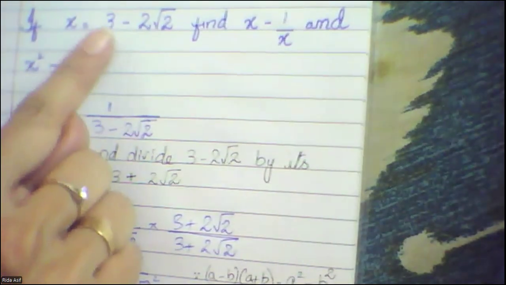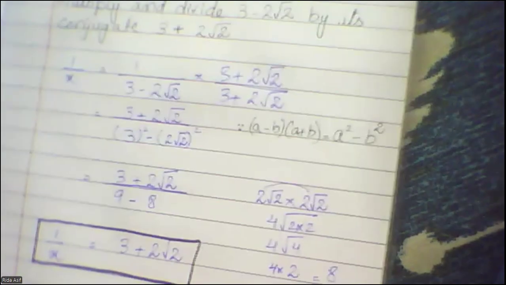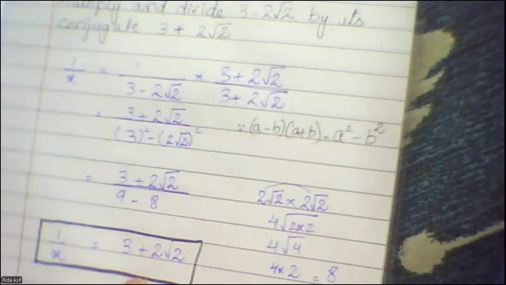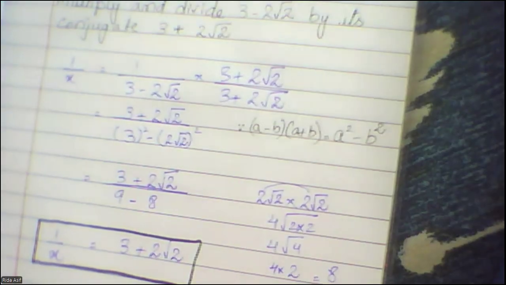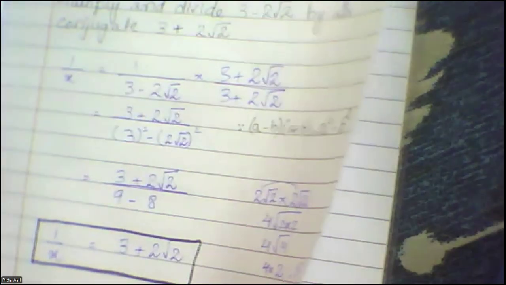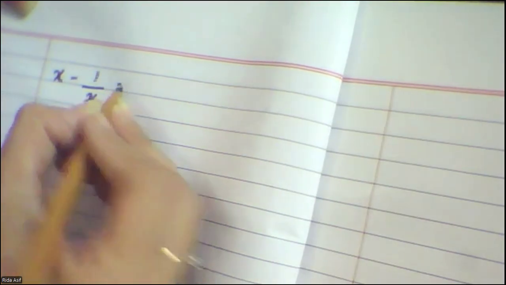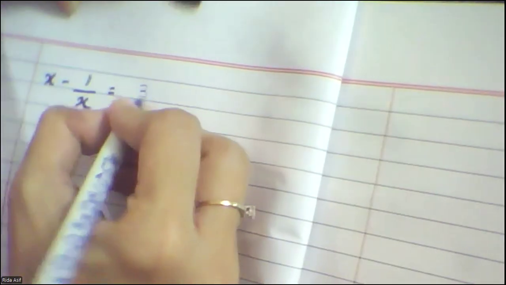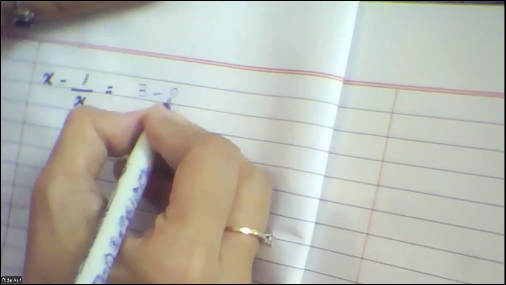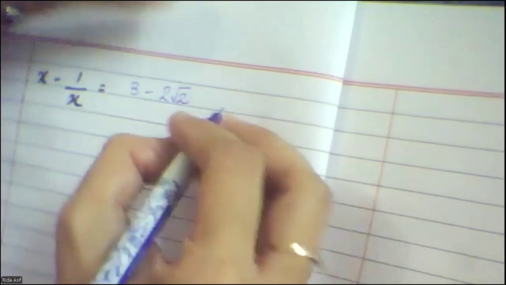So x is already here in the question and 1 upon x is over there, right? So how can we find x minus 1 upon x? x minus 1 upon x will be: our x is 3 minus 2 root 2, minus sign.